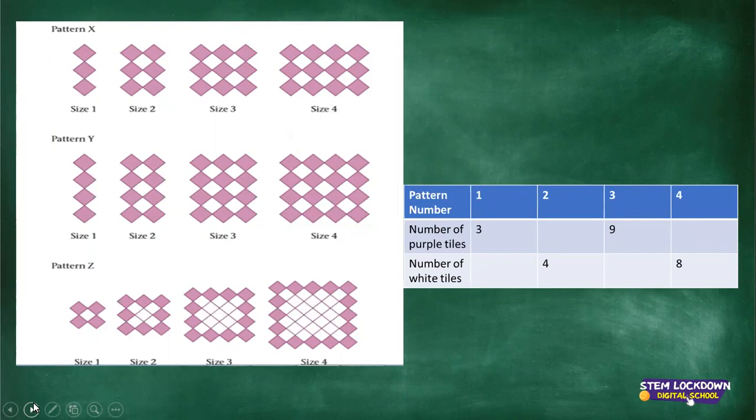All right, so now let us complete size number 2. We're just filling in the information that we have gathered from the patterns, and then we plot it into our table. For pattern X, Kennedy is saying 6, and then for size 4, we'll have 12.